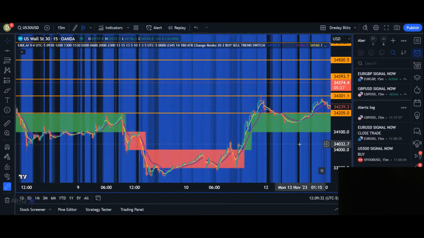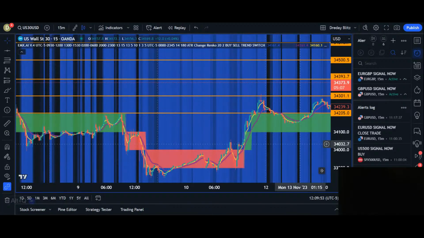And if you're trading smart money concept or anything like that, you're going to see that the Renko bar follows the concept too. It will help you out on plotting your lines and your zones to know where to take profit and where to put your stop loss.